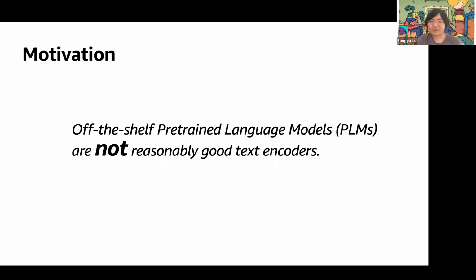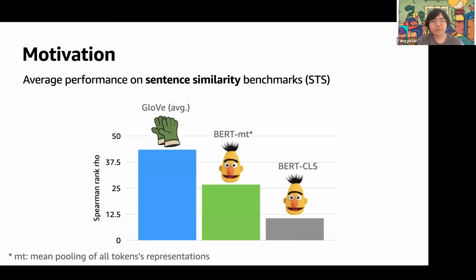That's the motivation I mentioned. We did this work mainly because off-the-shelf pre-trained language models are not reasonably good text encoders, and we wanted to fix this. This is some of the evidence we have at hand. The whole sentence or text similarity community is very focused on the sentence similarity task, or its abbreviation, STS.